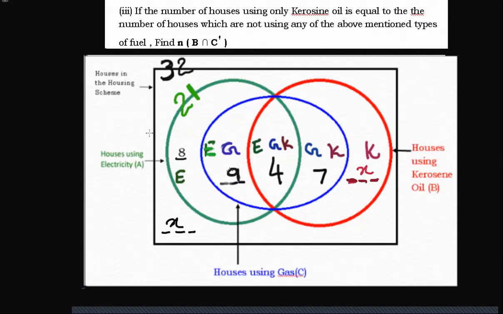So 8 plus 9, 17, plus 4, 21, plus 7. How much is it? 28. So how many families are remaining? 4 families are remaining. There are 4 more to come.